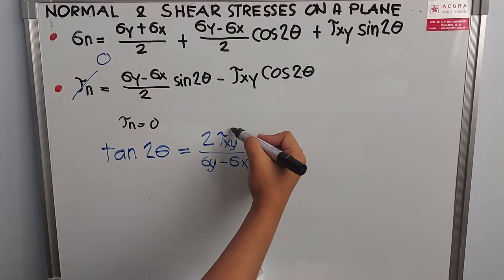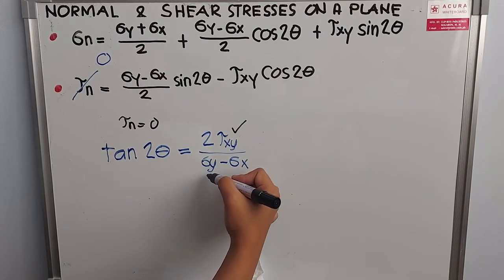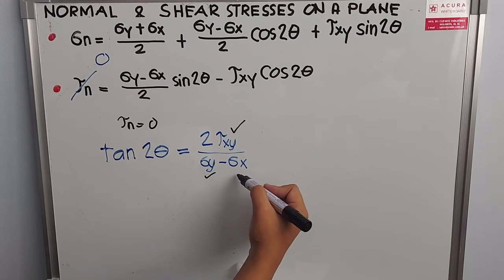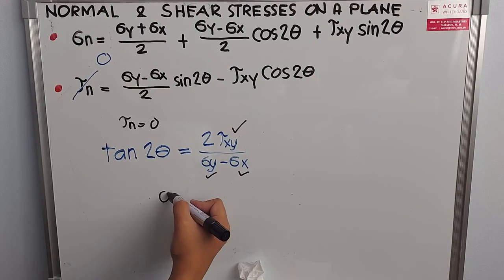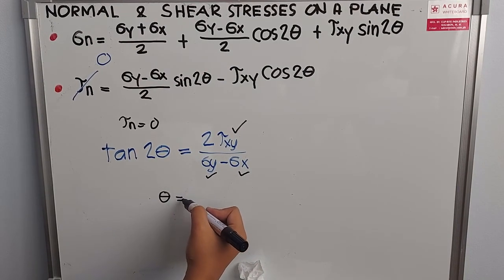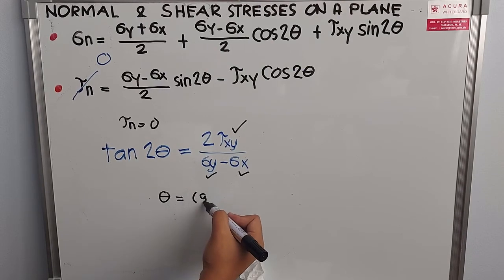When you know the value of your shear stress, you know the value of your normal stress along y, and you know the value of your normal stress along x direction, you will come up with two values of theta. There will be two values of theta which are 90 degrees apart.